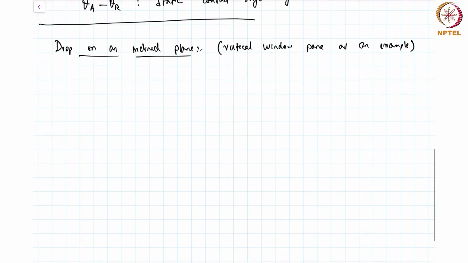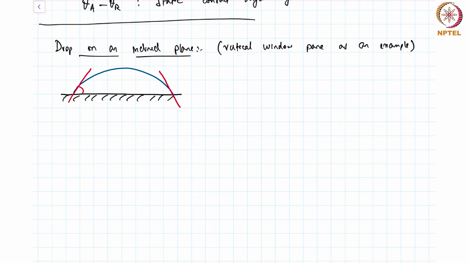Let's start with a simple case of a droplet sitting on a horizontal surface. It's making an angle which we can call the Young's angle or the equilibrium angle.